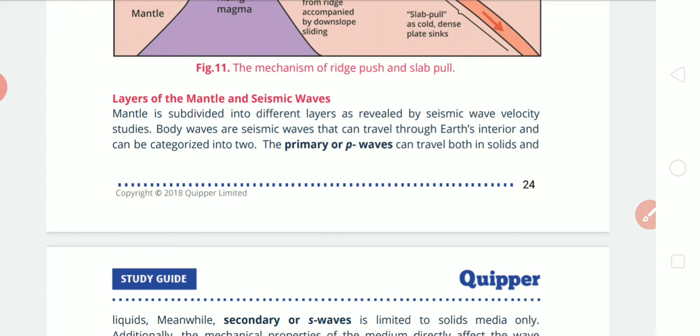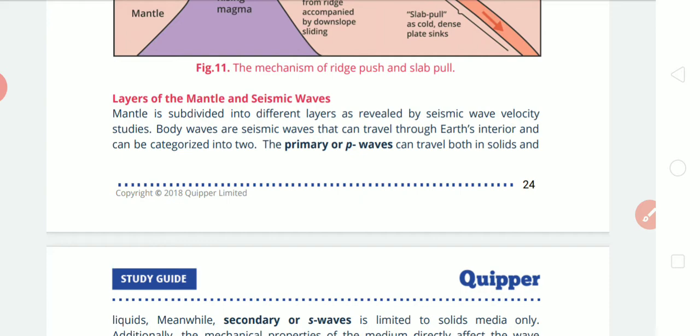Diba? I've mentioned a while ago that there are different types of seismic waves, and actually, merong seismic waves nga maka-travel between two kinds of medium, just like solid and liquid. And that pertains to P waves or the primary waves because they're the ones who can travel both of those mediums.